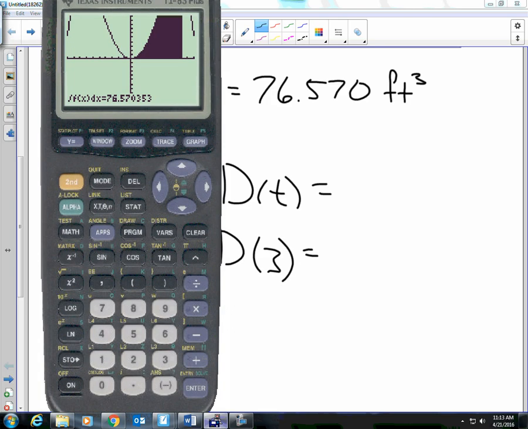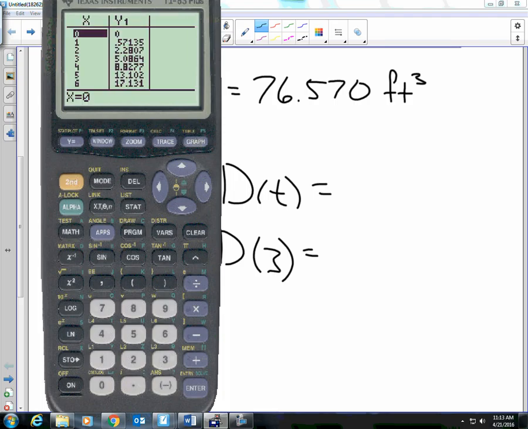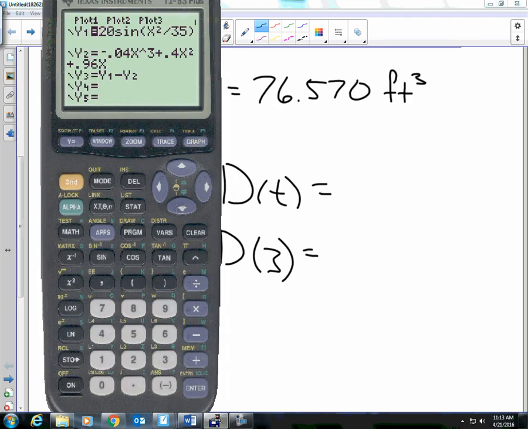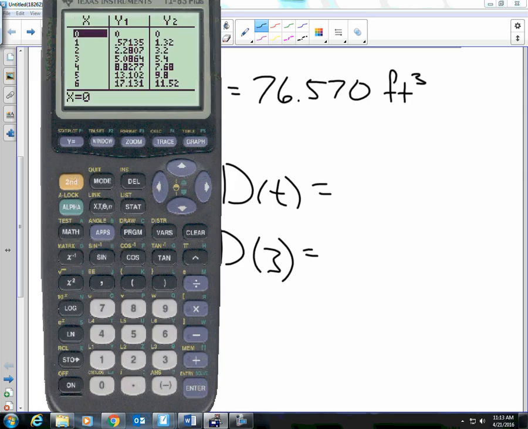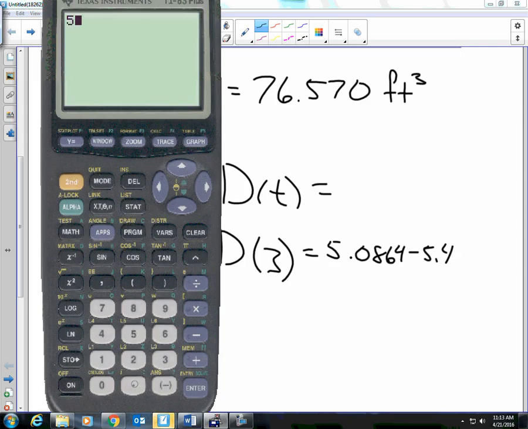In your calculator, you're going to type both of these pieces in. So I go into my y equals, and I get 5.0864 minus 5.4. So is it going to be positive or negative?